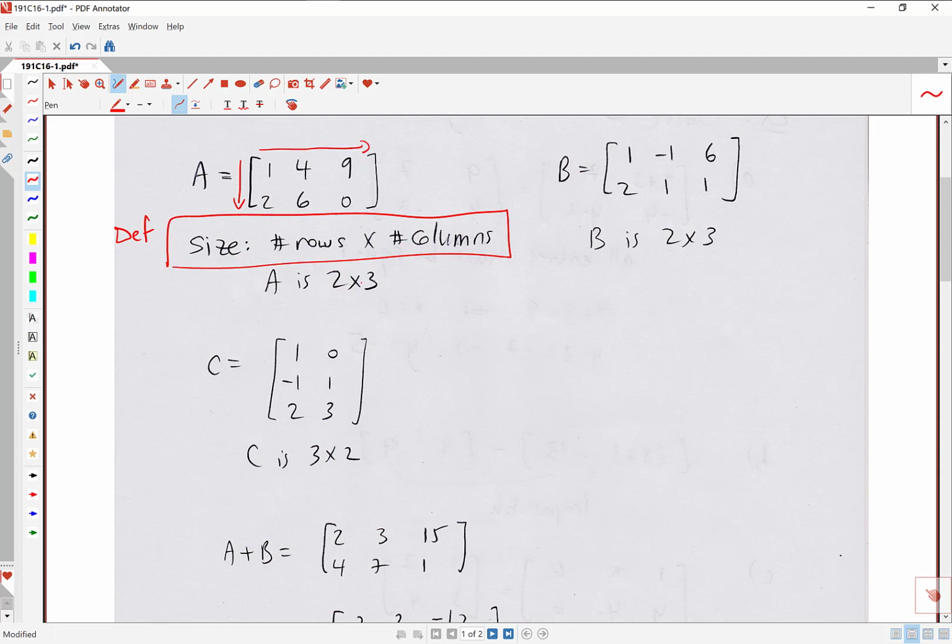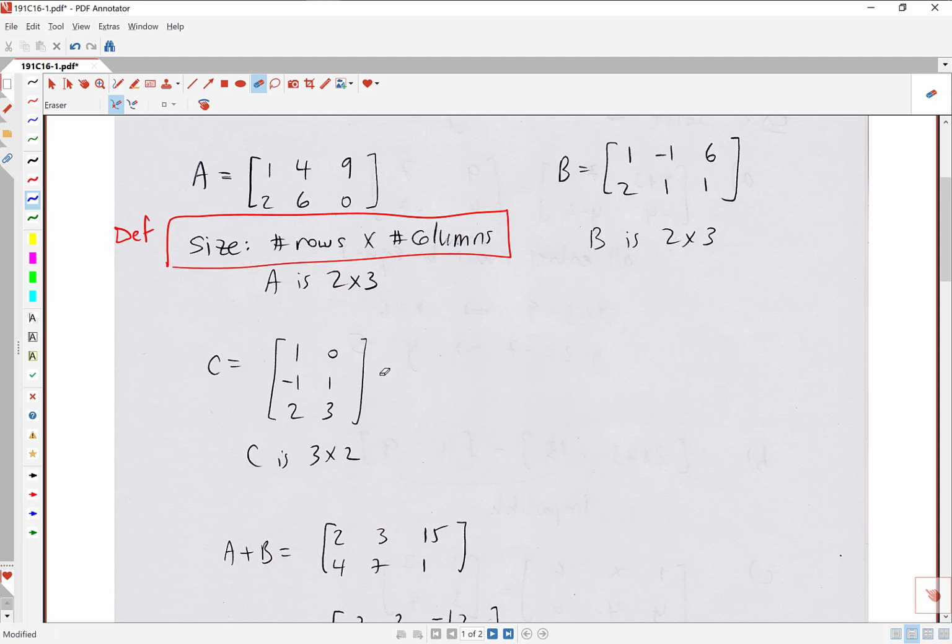So we would say that A is 2 by 3. So you always reference the number of rows first and then the number of columns. So in a similar way, we would look at B and we would say, well, matrix B over here is also 2 by 3. And our third matrix here, matrix C, that's 3 by 2, 3 rows and 2 columns.